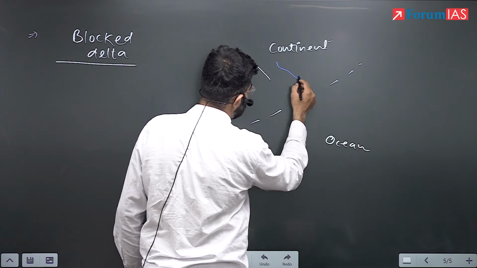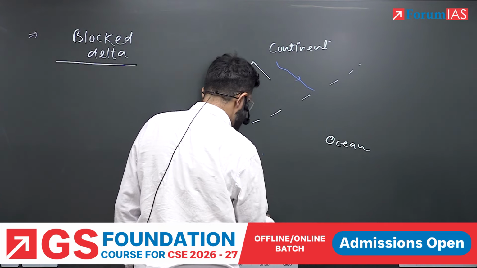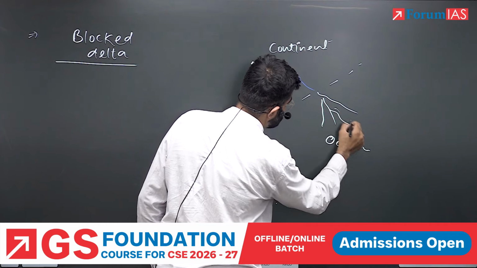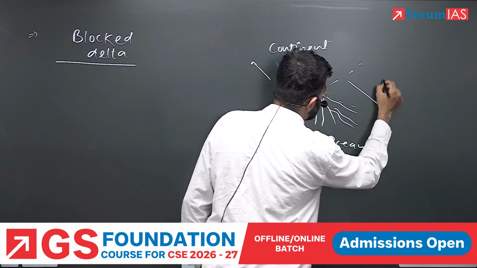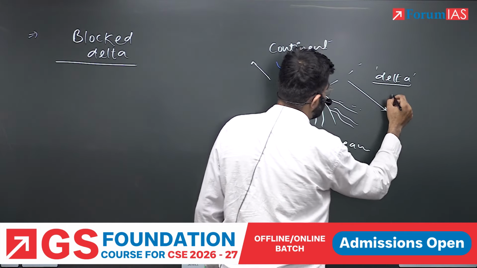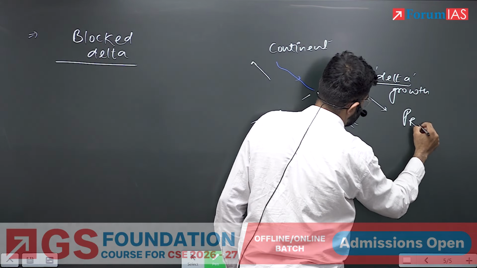Let's say this is the river. It is bringing sediments. These sediments will be deposited continuously towards the sea. So here you will see the delta type of shape will be formed. This process where the delta is growing towards the sea, this process of delta's growth towards the sea is known as progradation.